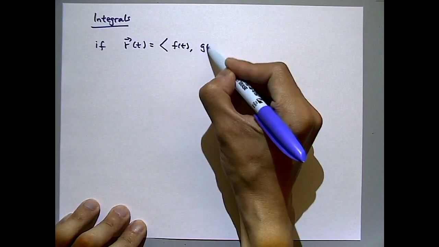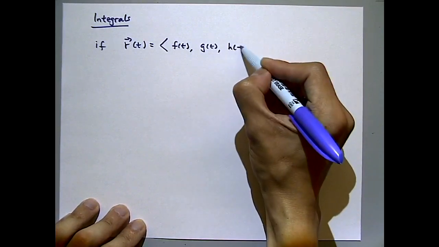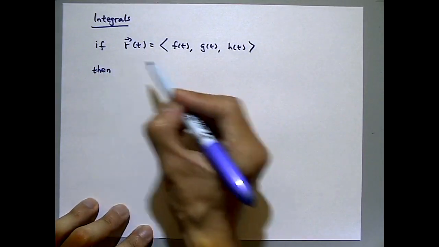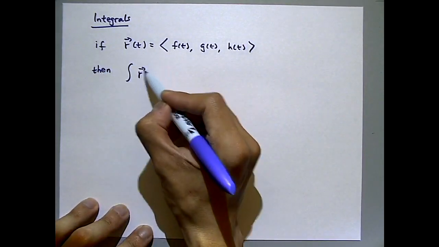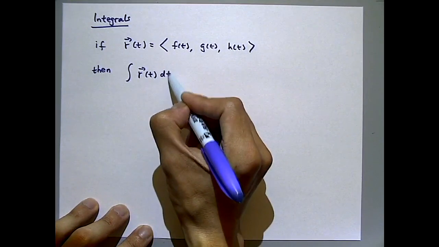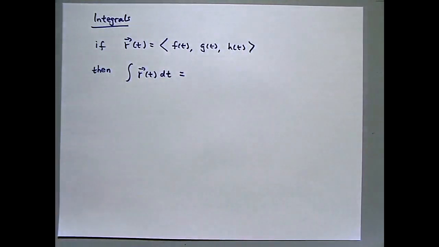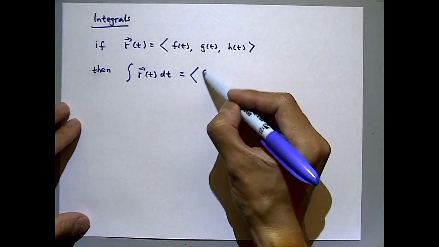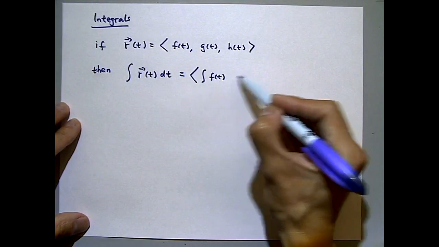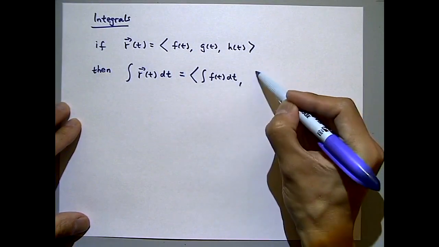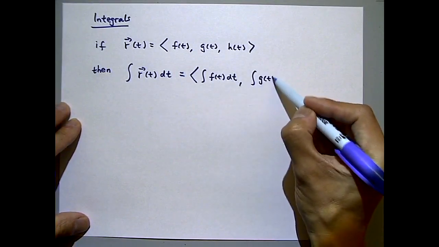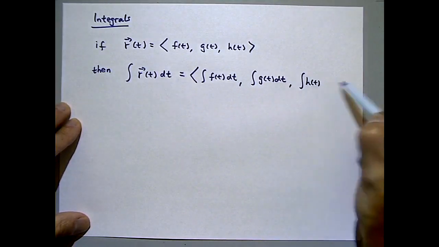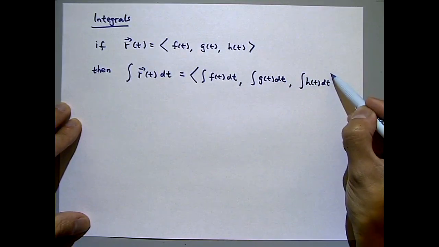If R is f, comma g, comma h of t, then the integral of R is what you would expect. The integral of f, the integral of g, and the integral of h.